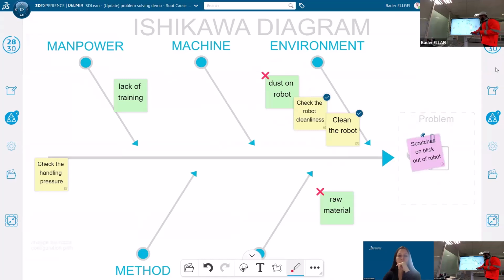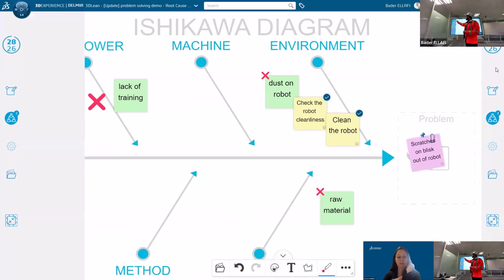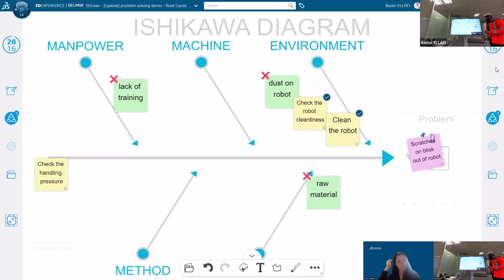The lack of training, I think also it's not relevant because the operator respected the work instruction, and he was informed about all the standard, and it's not related also to the raw material. So what do you think, Florette?